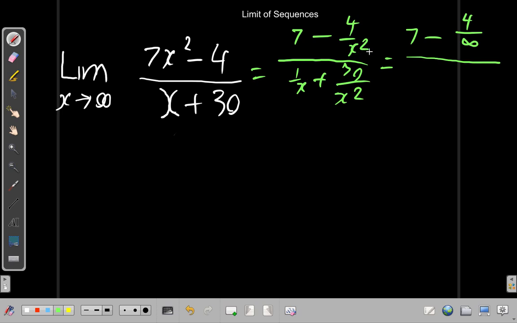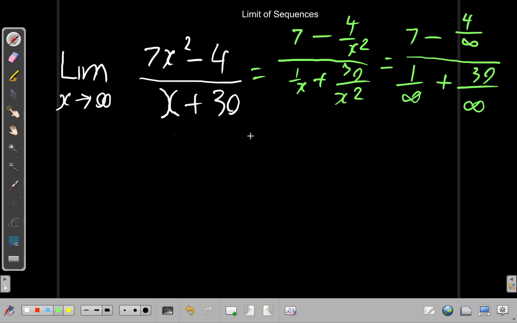A very big massive number squared is just another big massive number. 1 over x, 1 over a very big number, plus 30 over a massive number squared. It's just another massive number. Infinity represents a number, well, not really a number, but a value so large. It's only in your mind that that number exists. It's so big, a massive number.